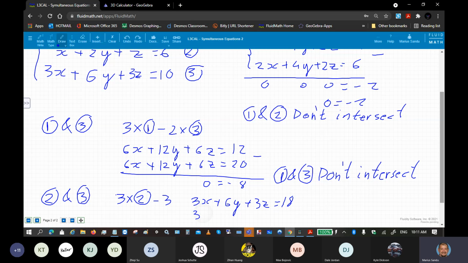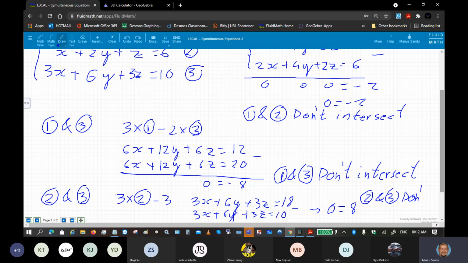And underneath I've got equation 3, 3x plus 6y plus 3z equals 10. I subtract them and I'll end up with 0 equals 18 minus 10, that's 8. So 2 and 3 don't intersect either.